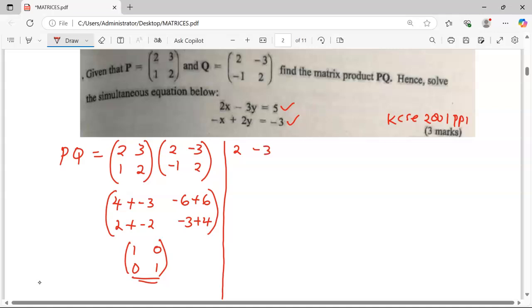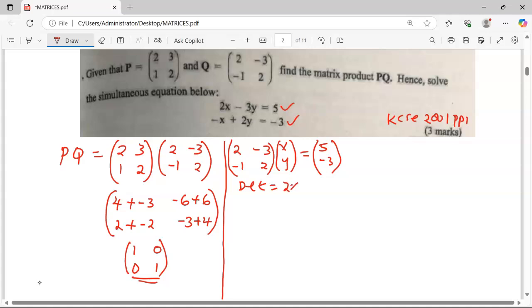In the second equation, the coefficient of x is negative 1 and that of y is positive 2. Then we have x, y, and this is going to be equal to 5, negative 3.